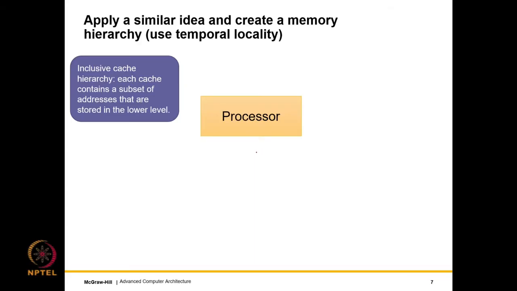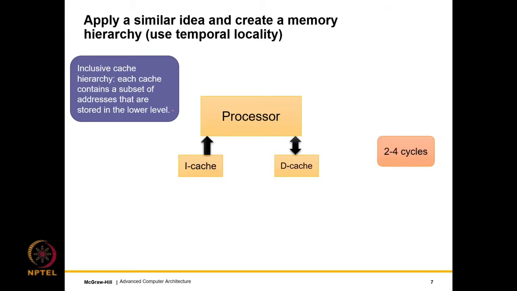So we can apply a similar principle to the memory system, where we have the processor, and the processor in this case is the person who's reading or writing the data. Typically, we have two small memories attached to the processor. One is an I cache, the other is a D cache. They are like the laptop in front of the processor, and they are small and fast. The smaller the memory, the faster it is.